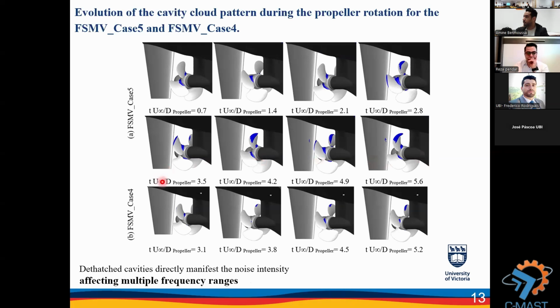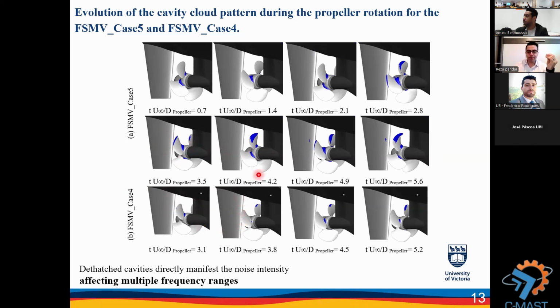Another parameter which causes a higher noise level over the surface of the propeller, and which is very important to minimize, is cavitation over the surface of the propeller. Cavitation is specifically generated at higher rotational speed, affecting multiple frequency ranges.